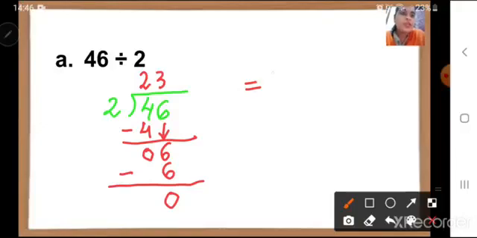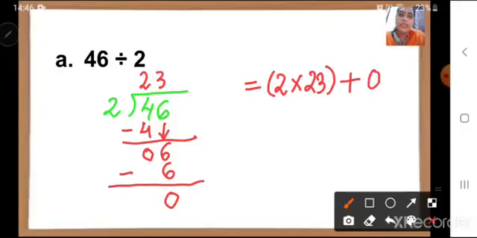Now children, look here. What is the divisor here? Number 2, multiplied by quotient. What is the quotient? 23. Plus remainder. What is the remainder here? 0. Right? So first we have to multiply 2 into 23.